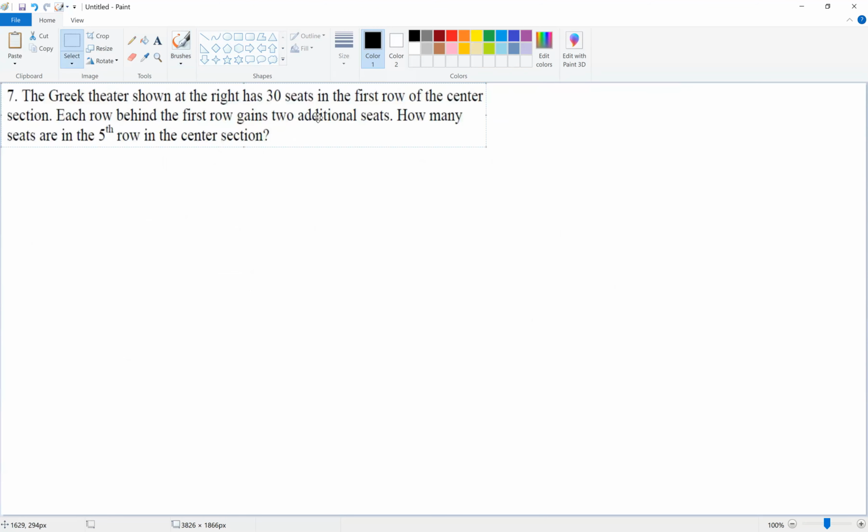Number 7, Roshani. So this one isn't asking for a sum, so I just did the first formula. There's 5 terms basically. So A of 5 equals 30 plus 4 times 2 because 2 is the common difference.